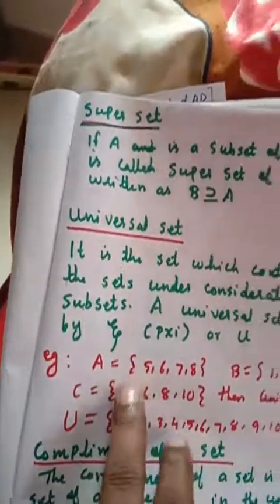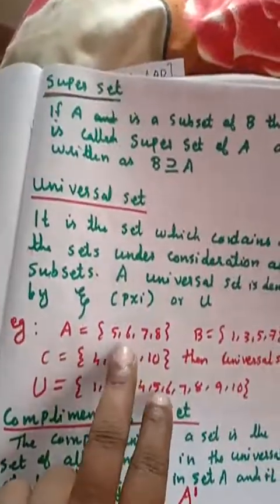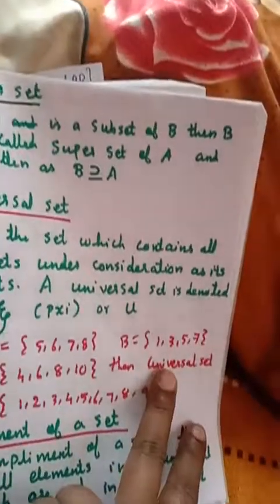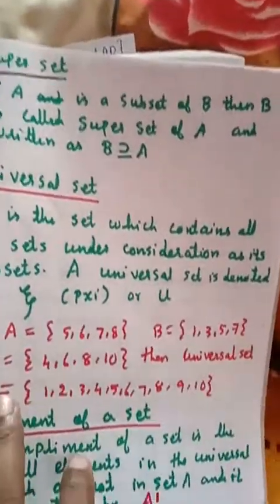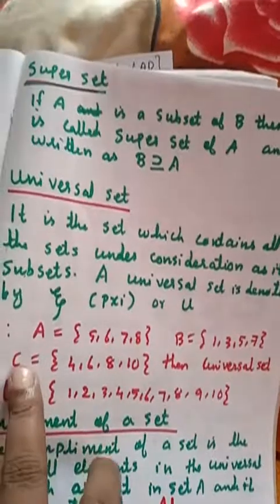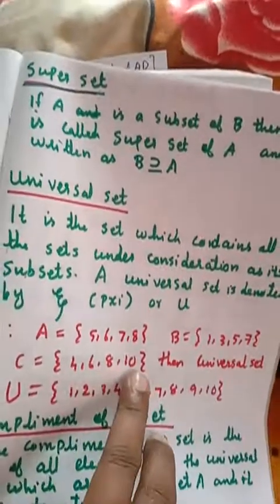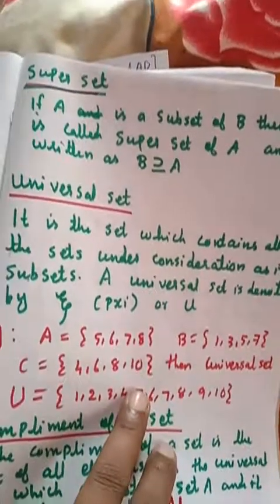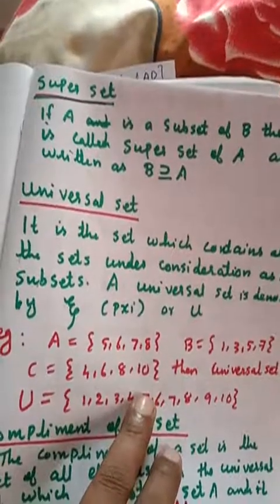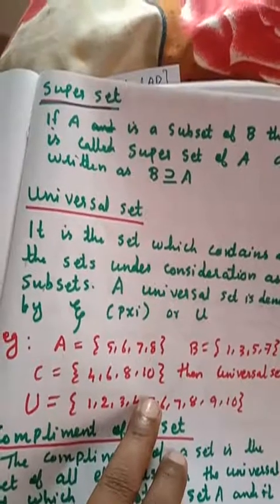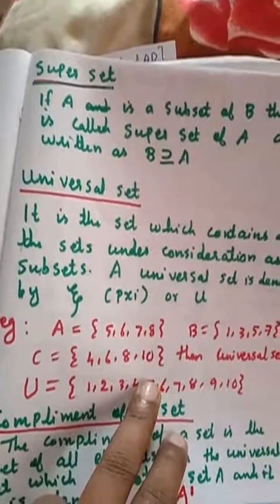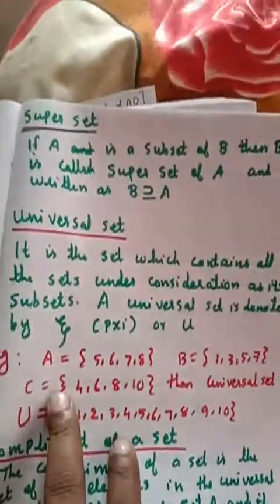Okay. Suppose A is equal to 5, 6, 7, 8, B is equal to 1, 3, 5, 7. How to write the universal set? One more set C is there, 4, 6, 8, 10. Then how to write the universal set? Universal set means all the sets under consideration, so we can write A, B, C together.